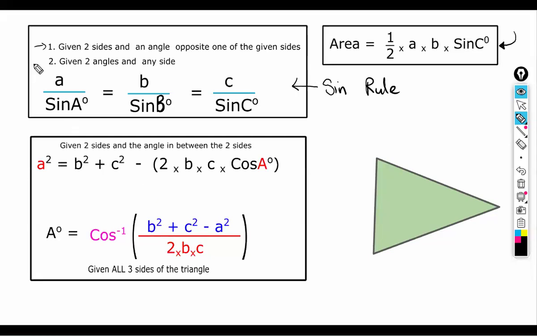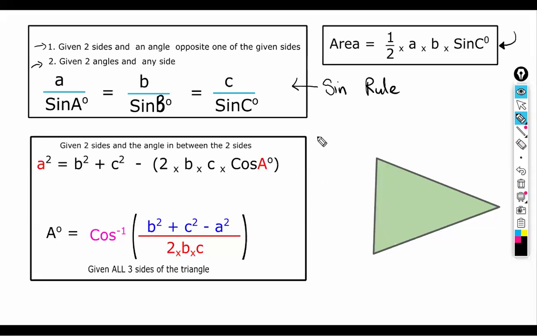And you could also use it if they give you any two angles in the triangle and any one side. So once they give you at least two angles and at least one side, you are allowed to use this rule, which I haven't showed you how to use as yet. So those are the conditions when you're allowed to use it.